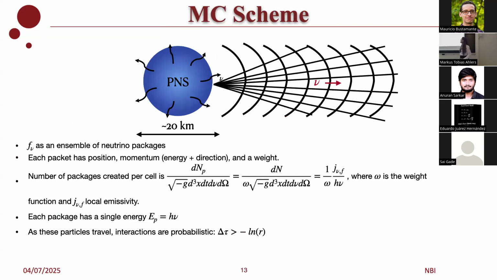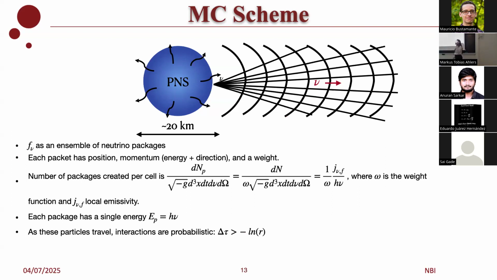A more sophisticated scheme is the neutrino Monte Carlo transport. In this case, instead of a distribution function, we consider an ensemble of neutrinos. For example, if we take a physical cell at some location, and given whatever emissivity is, let's assume that 10^52 neutrinos are produced.